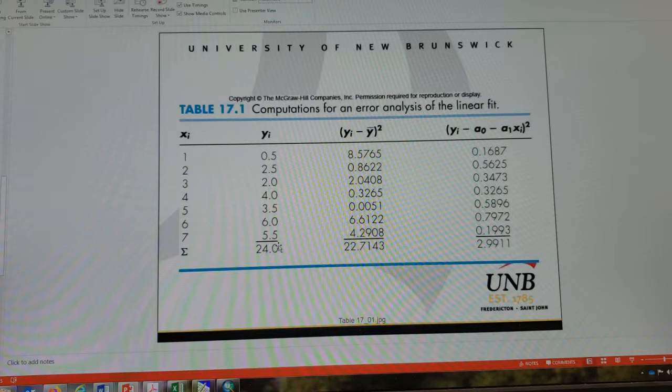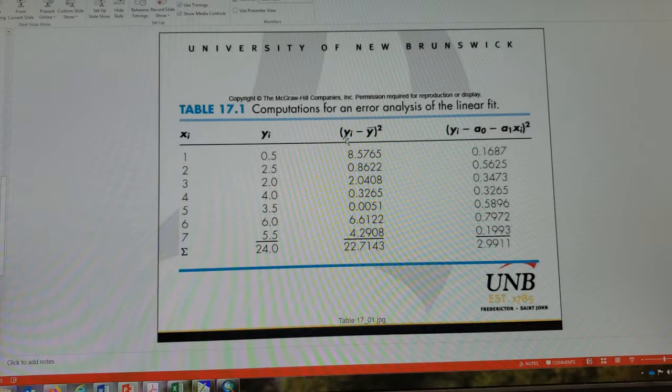Now, when we calculate R squared, it is a ratio that's basically telling us how good our model is. And it's a ratio of two things. This right here is called the total sum of squares. What you see here is you have yi minus y bar.